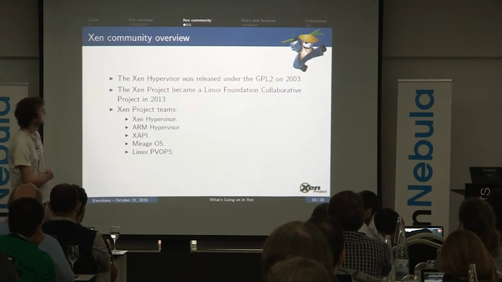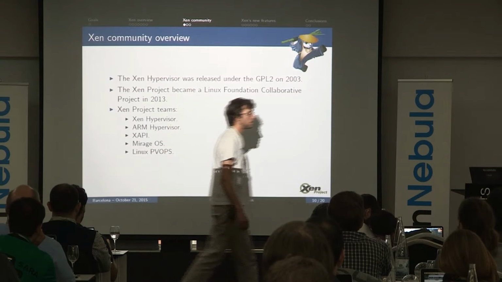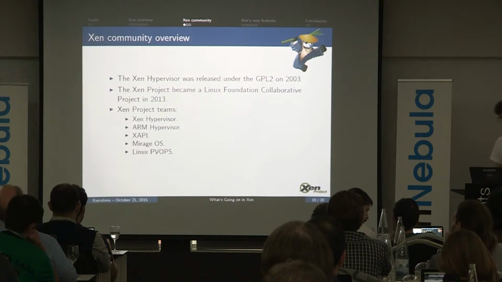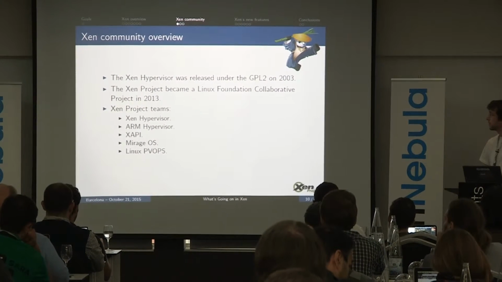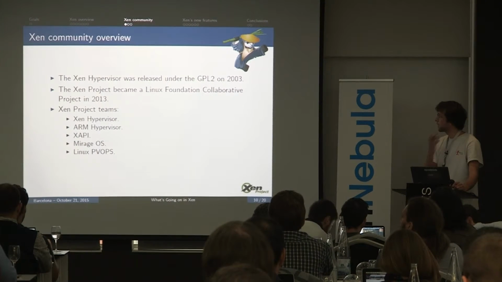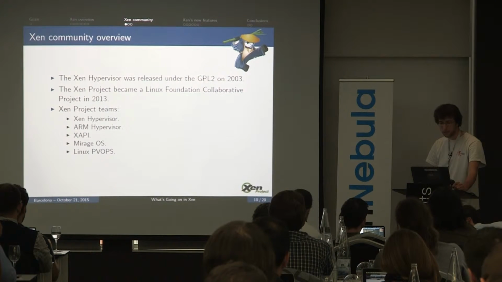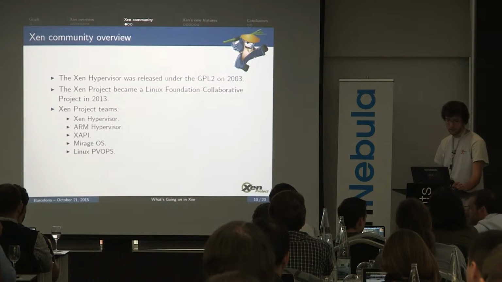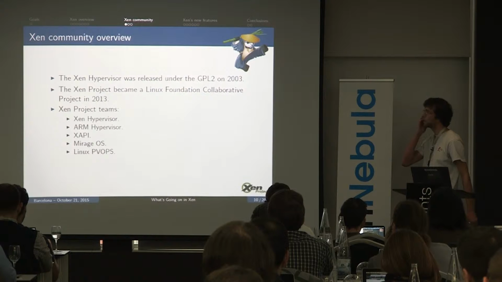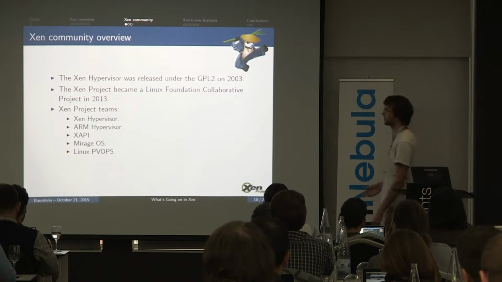So a little bit about the community. The Xen hypervisor was released under the GPL2 in 2003. And then in 2013, it became a Linux Foundation collaborative project. And we also have several sub-teams inside of the Xen project that focus on specific topics or specific features inside of the hypervisor.